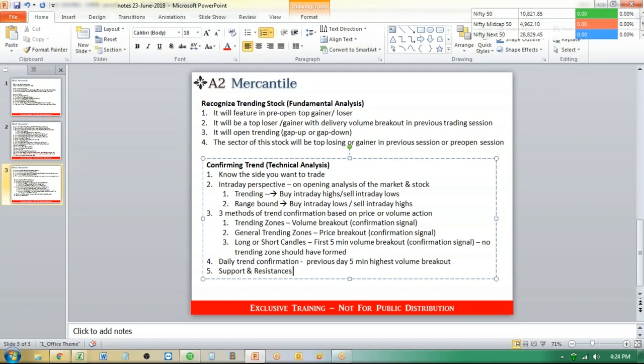Now for support and resistances, one would be important day resistance near intraday high and support near intraday lows.